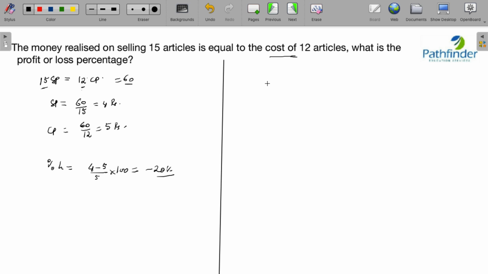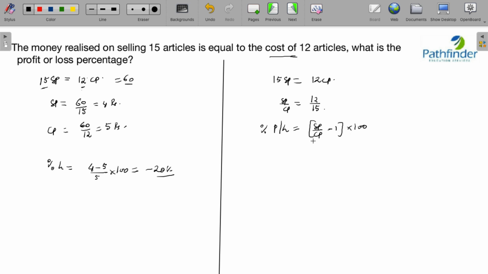And we can again take the ratio of selling price and cost price. 15 SP is equal to 12 times CP. So SP upon CP is 12 by 15, and percentage profit or loss is given by SP by CP minus 1 into 100.